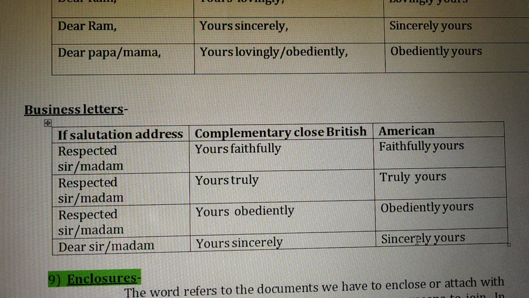See, what I would like to tell you, if RS relationship is there, means R for respected and S for sir, at that time you should use yours faithfully, generally, mostly. And if dear relationship means what? Dear sir, then you should use sincerely yours. It is generally accepted way of writing complementary clause.